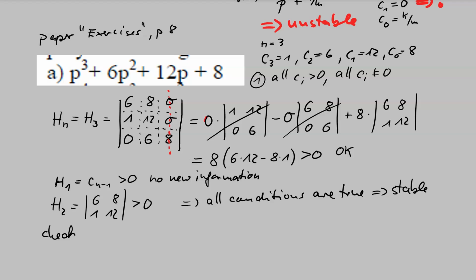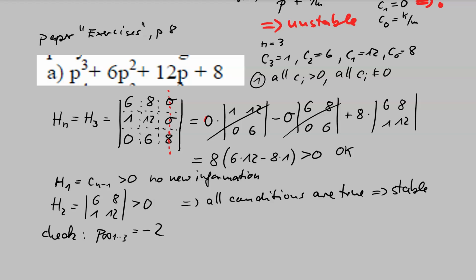Check. We now compare the result of Hurwitz with the pole criterion. Of course, the coefficients are given as numbers. We can just type this into a pole finder, and then we can check that all poles are equal to minus 2.